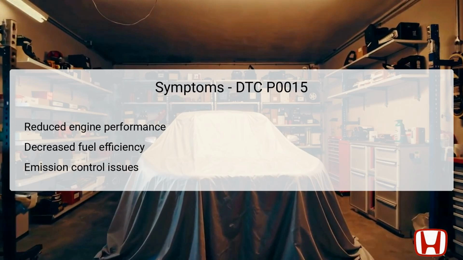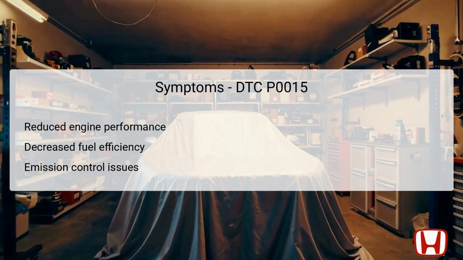In addition, there can be decreased fuel efficiency because the engine cannot operate at peak efficiency when the valve timing is off. This code could also lead to emission control issues, potentially causing vehicles to fail inspections due to higher emissions than permissible limits. Only by identifying and addressing these symptoms can technicians ensure the vehicle performs efficiently and meets environmental standards.